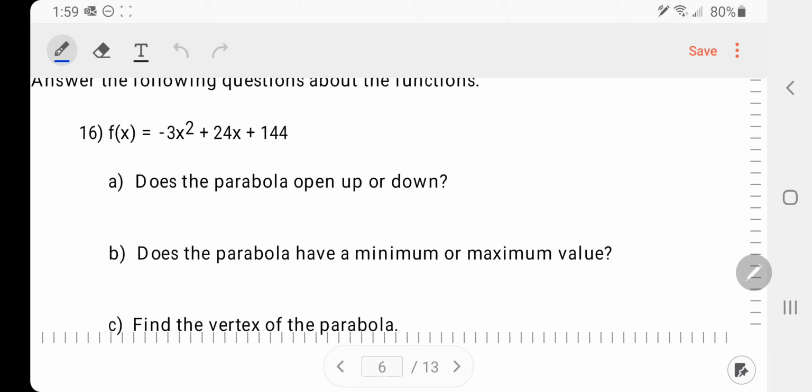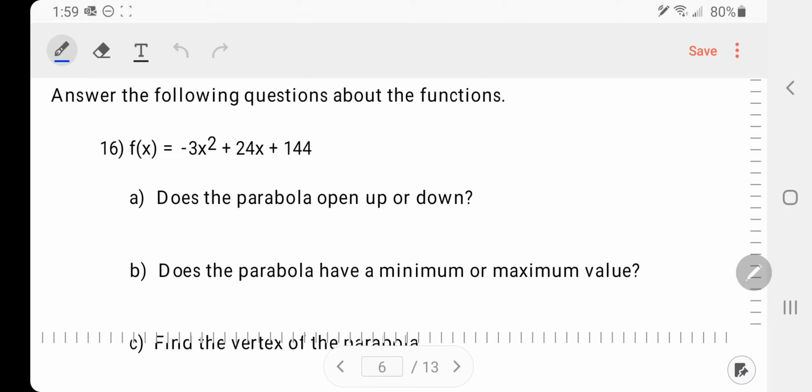Number 16. Answer the following questions. Does the parabola open up or down? Well, since a is less than 0, that's going to open down. Did y'all notice that a is negative 3?